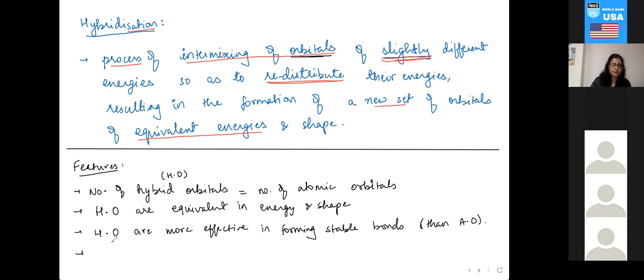And the fourth point: hybrid orbitals arrange themselves. This is the key point that leads to VSEPR. They arrange themselves such that there's minimum repulsion in electron pairs.